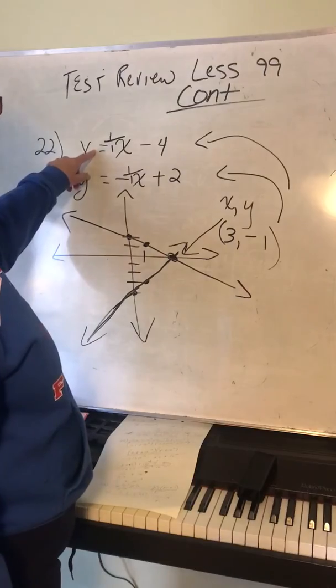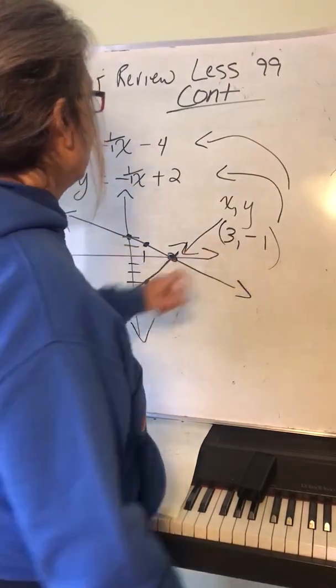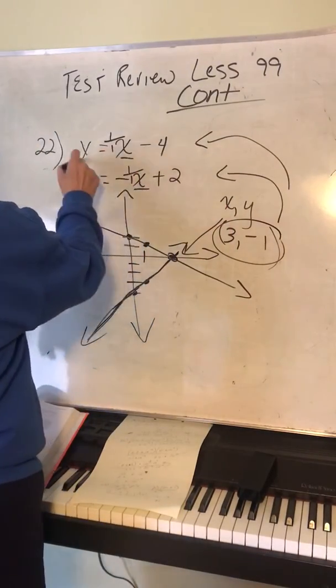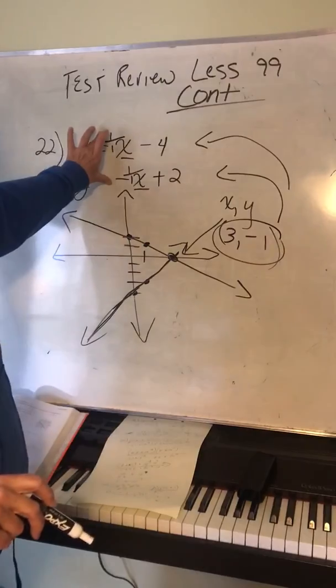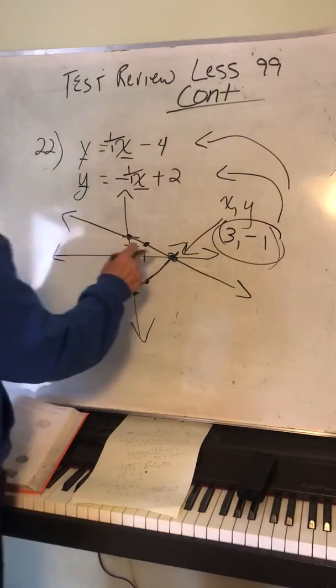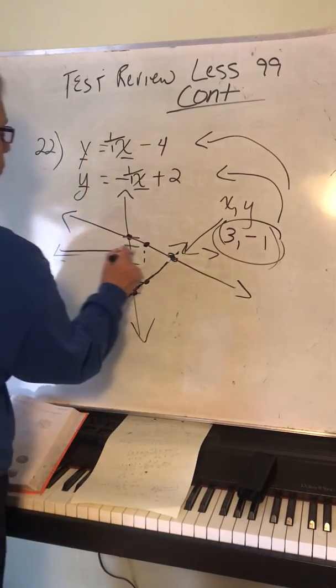So this one I plotted, this one I plotted, and if you put those answers in your x's and your y's for these two equations, they will both be true. They will both work because this point is actually about right there.